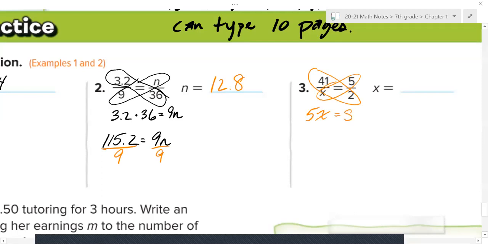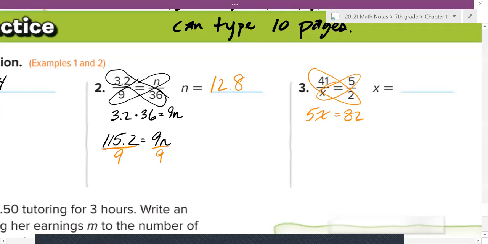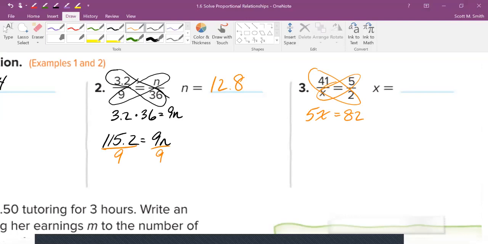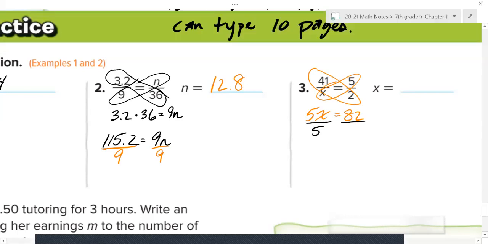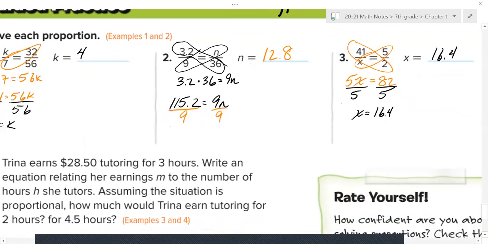That's a really easy one, so I'm just going to write 82. I need to solve for the variable, divide both sides by 5. 82 divided by 5 is what, 40.41. No. 16.4. $16.4. Are there any questions on those two?